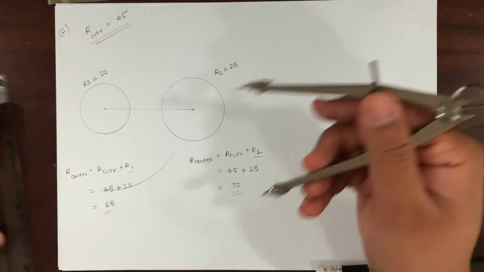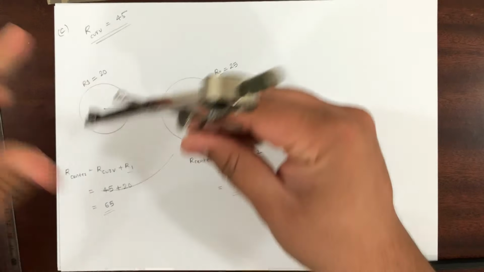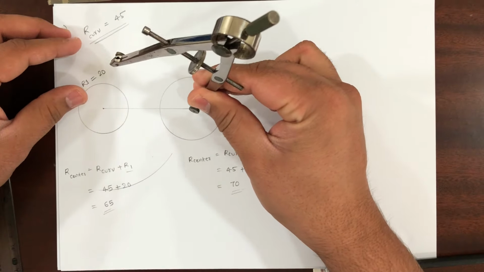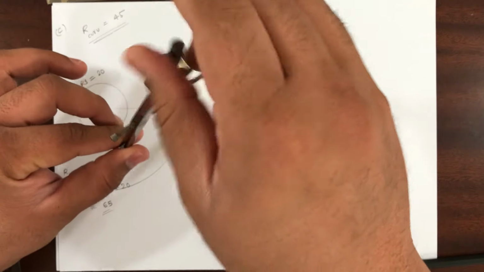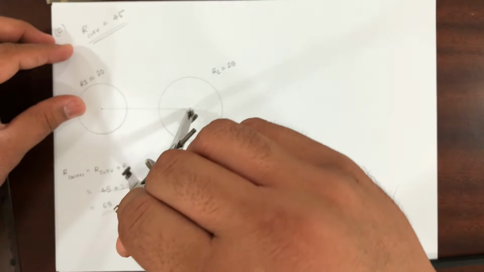Okay, this is 70. Now keep it here in the right side circle. After keeping it, you have to make an arc like this.